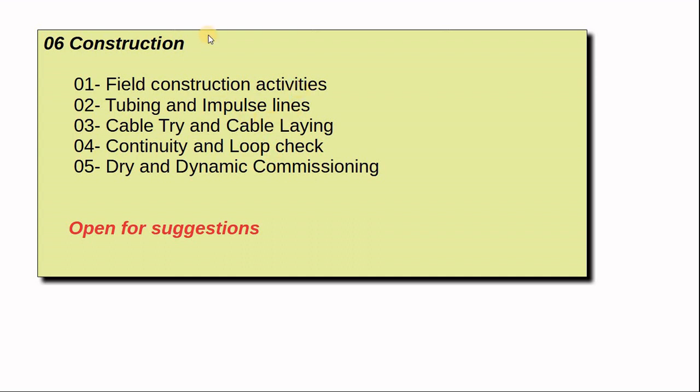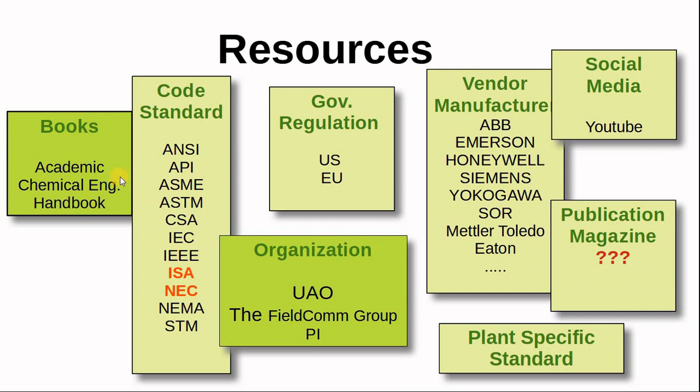So you need to know the sequence of construction, and you want to learn something about what those people do in the construction. We'll talk about cable tray, cable laying, continuity, loop check, and also we'll discuss what dry commissioning and dynamic commissioning mean.